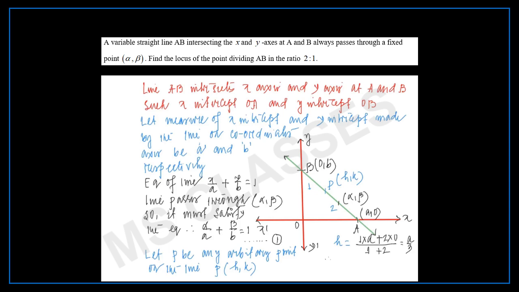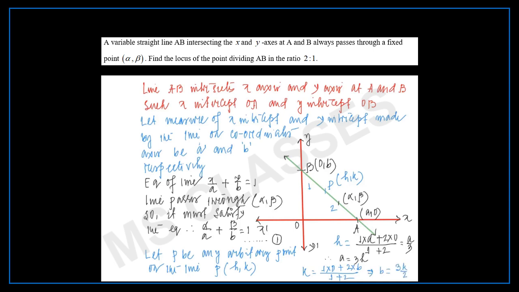So A is 3H. Next is K. K will be 1 into 0 plus 2 into B by 1 plus 2. So B is equal to 3K by 2.